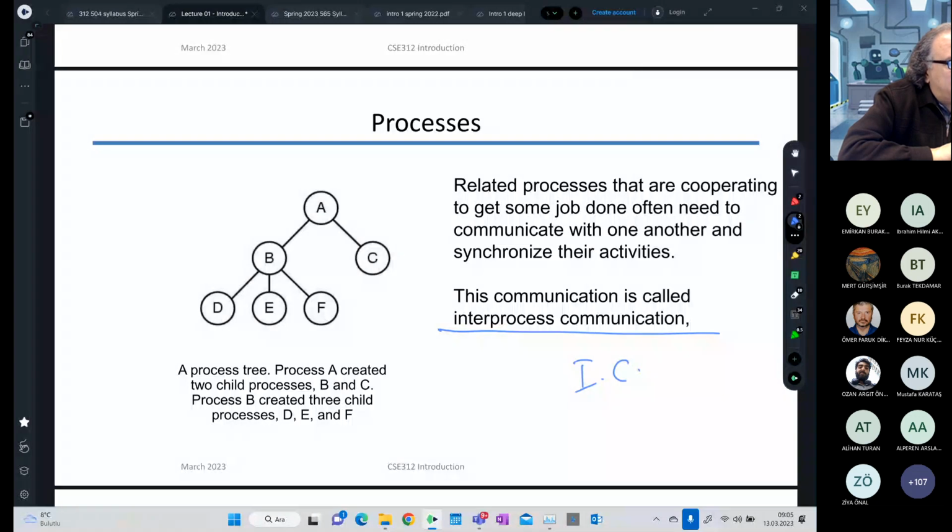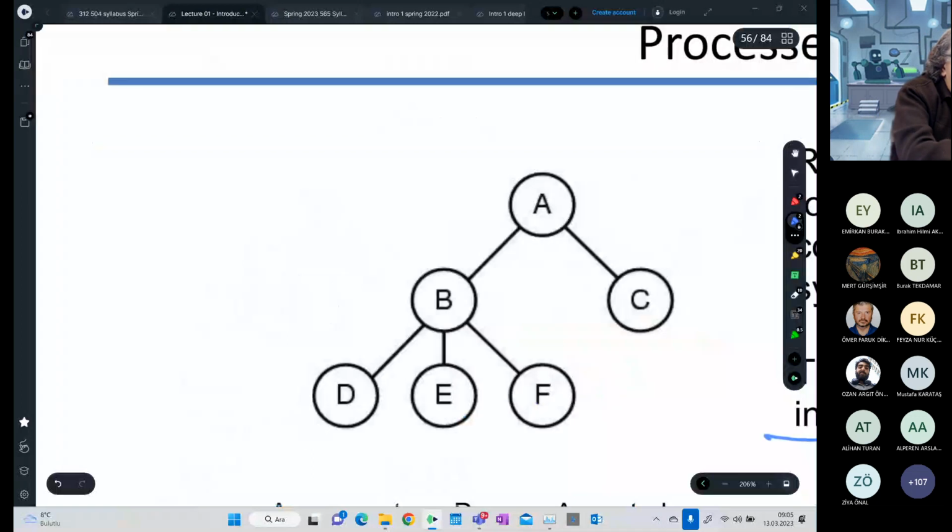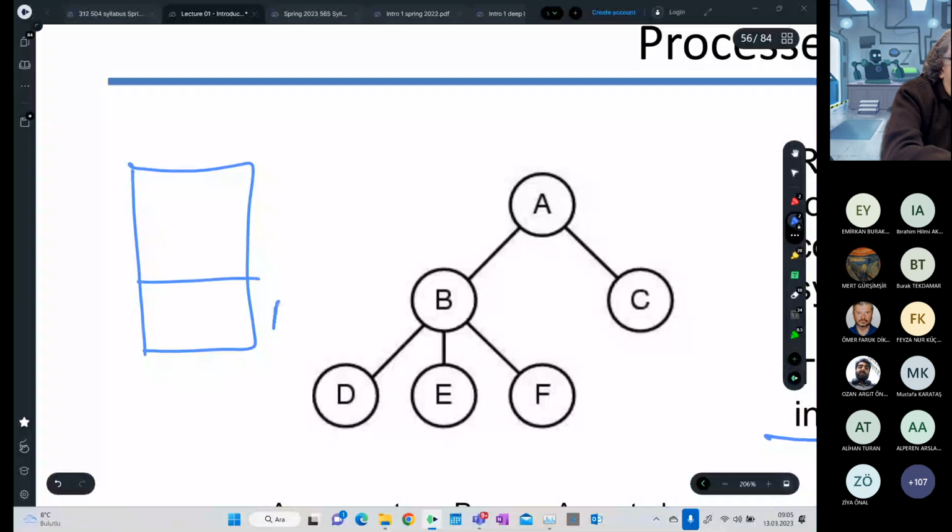All you do is you use shared data in the memory. If this is my memory, and this is my process A, let me show you this way.